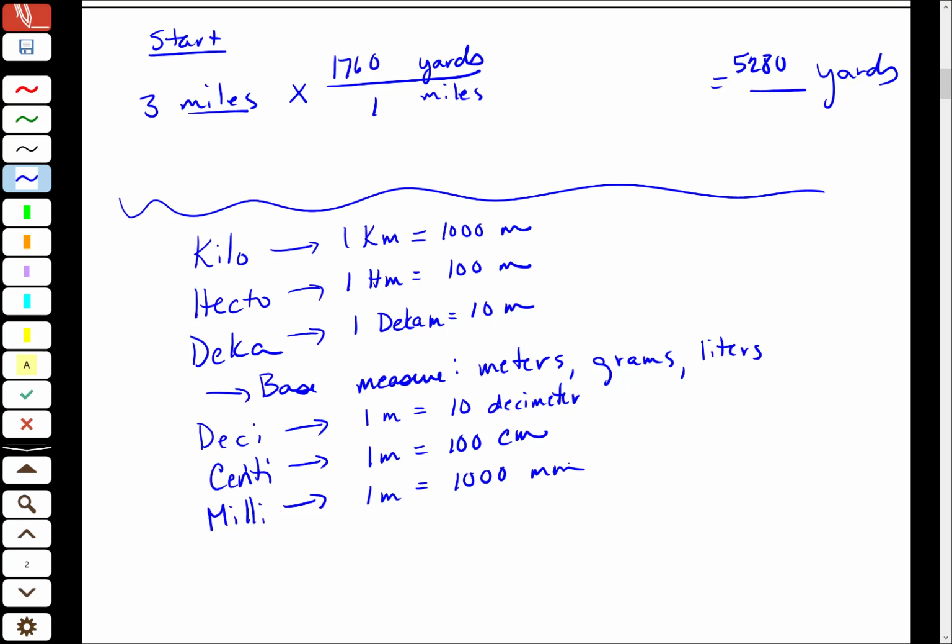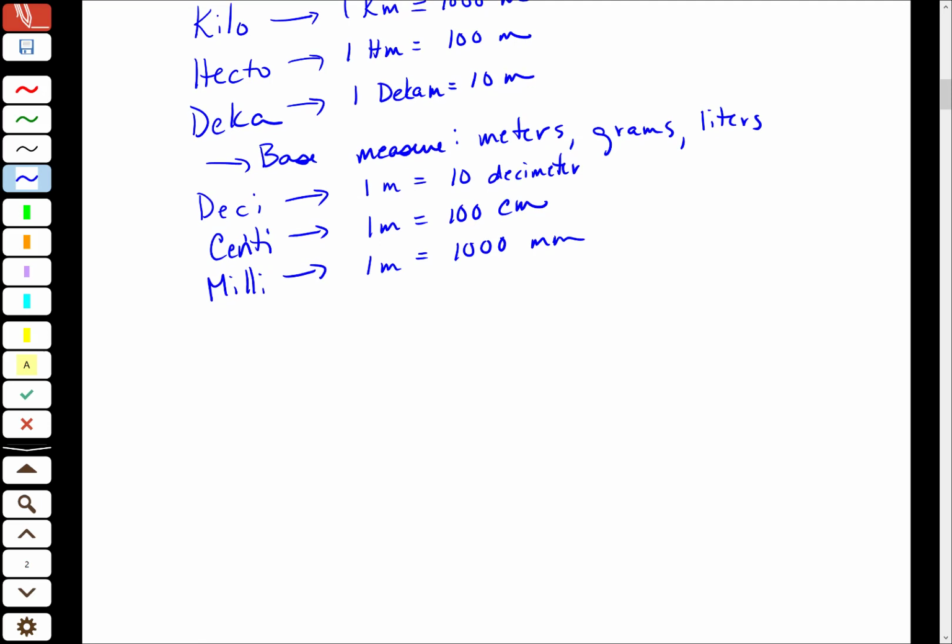Okay. So these are all conversion factors, and again, we can use them to convert. So let's say that I have 362 kilometers, and I want to convert that to decimeters.